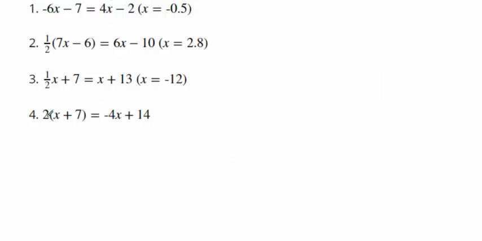Okay, number 4. Number 4 says 2 times the quantity x plus 7 is equal to negative 4x plus 14. So looking at this one, I think the easiest way, at least for me, might be to remove the parentheses.